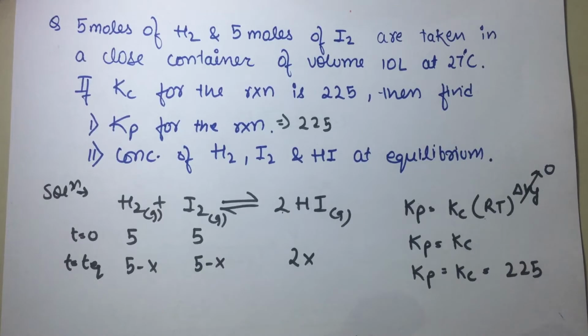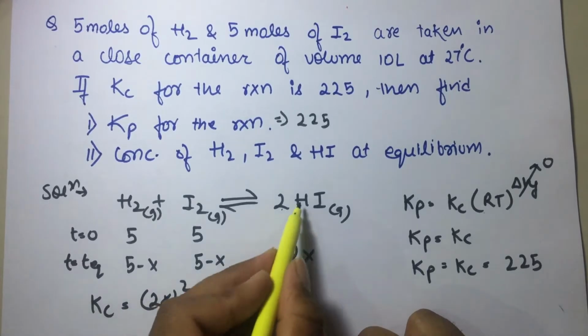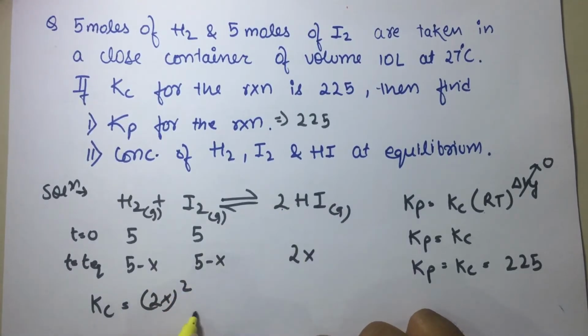The second part asks for the concentration of H2, I2 and HI at equilibrium. Suppose now we write Kc for this equation. Kc will be (2x) to the power 2, why 2? Because 2 is the stoichiometric coefficient of HI. In the denominator we write (5 minus x) and (5 minus x).